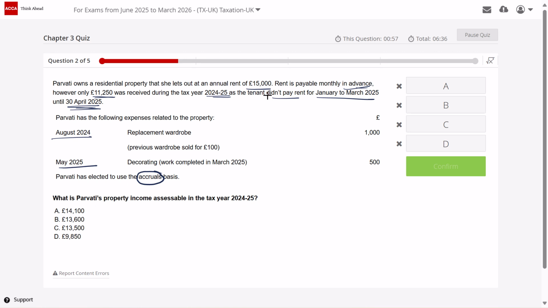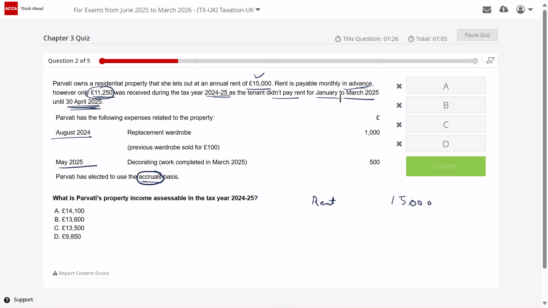So I need to compute. Rent for the year is 15,000 on accruals basis. On cash basis, I have received 11,250 in this tax year, and the remaining amount in the next tax year. But since Parvati has made an election to do it on accruals basis, can I say the whole 15,000 is accrued, right?